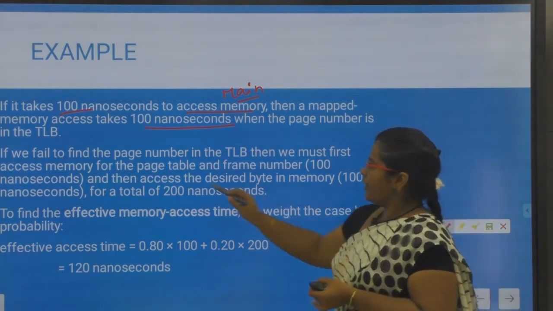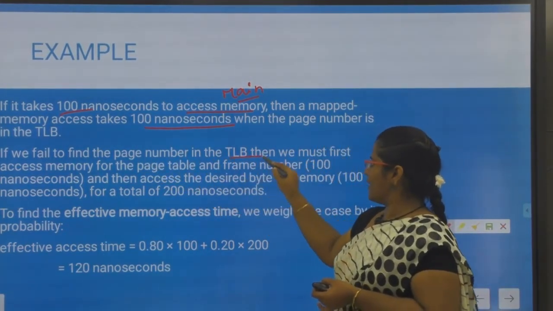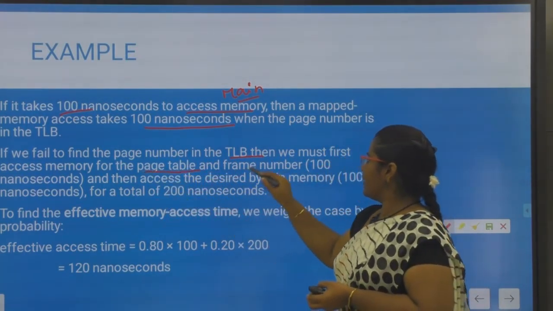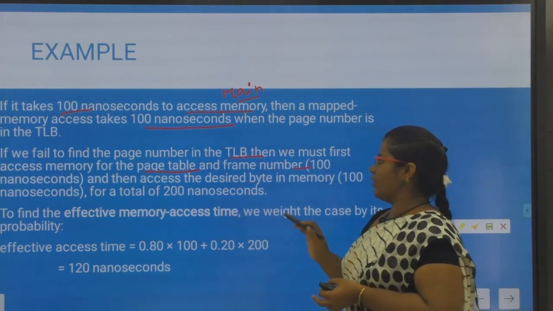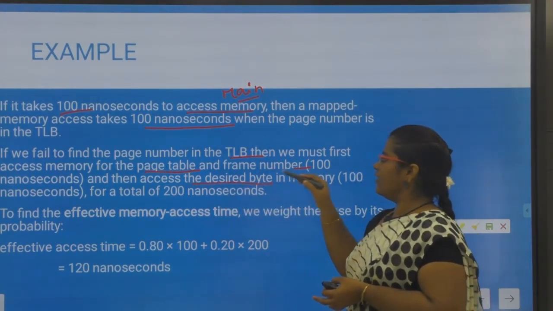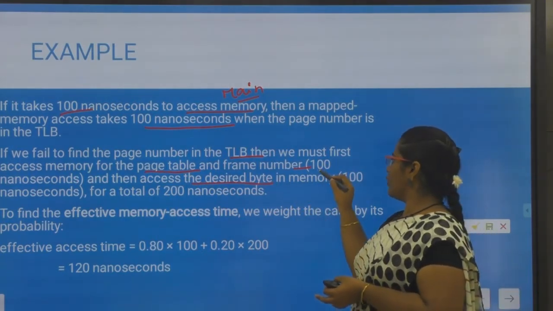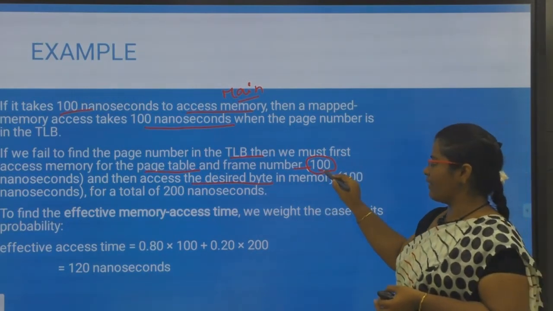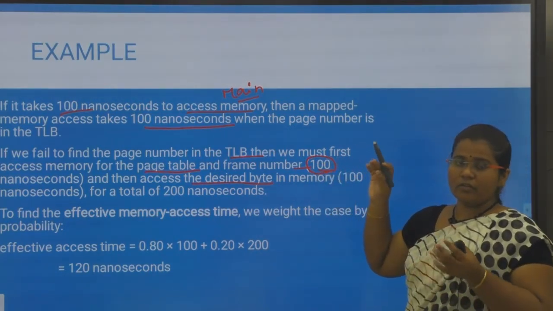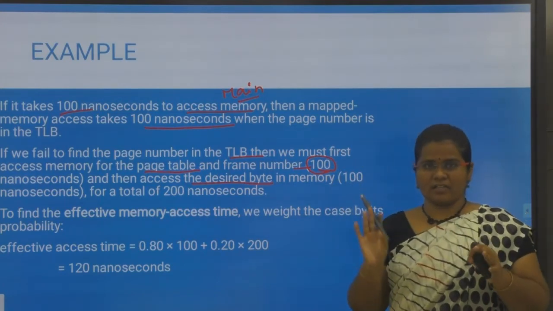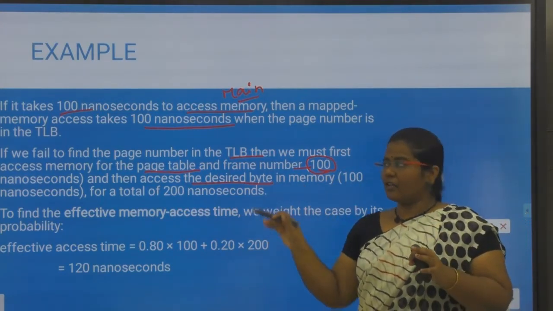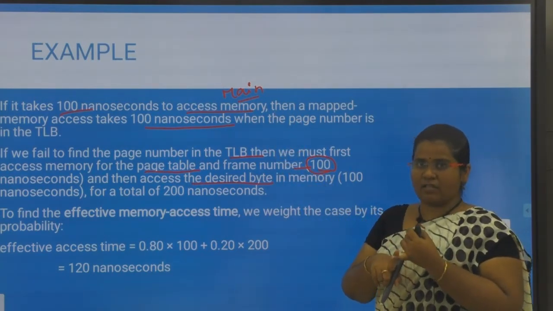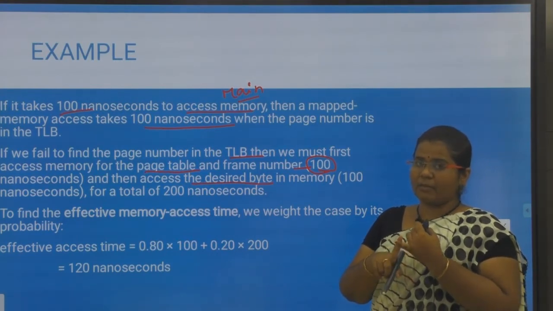If we fail to find the page number in the TLB, then we must first access memory for the page table, and then access the desired byte within that frame number. To get the frame number from the page table, we need 100 nanoseconds.